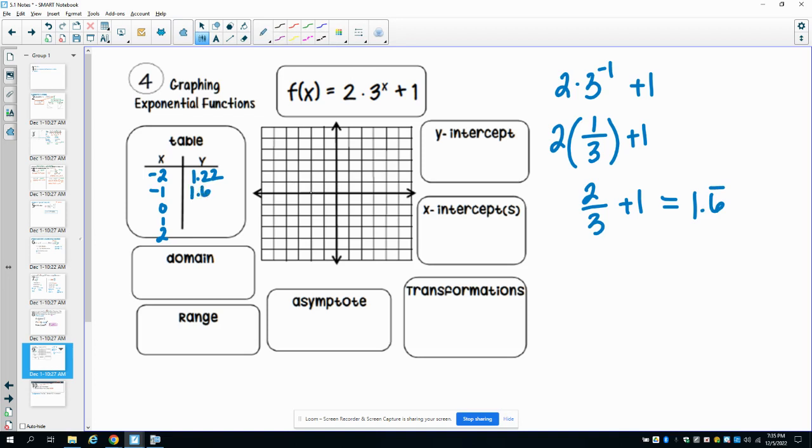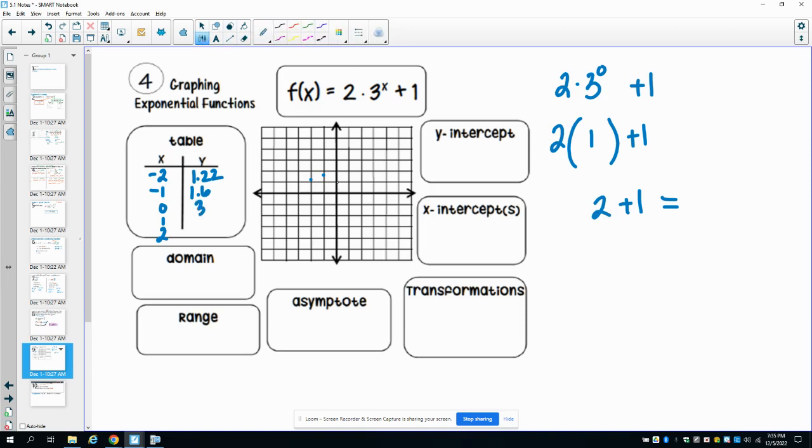So if we go to -2, we were at 1.2. And then at -1, we're at 1.6. Then we could plug in 0. If I plug in 0, 3 to the 0 is 1, 2 times 1 is 2, and then 2 plus 1 is 3.